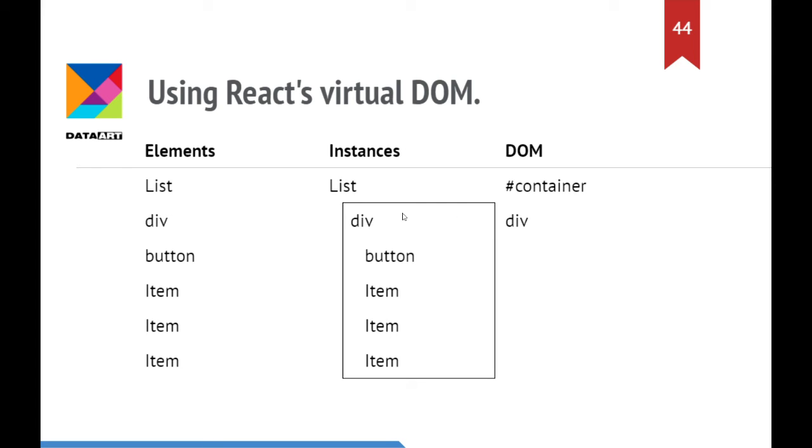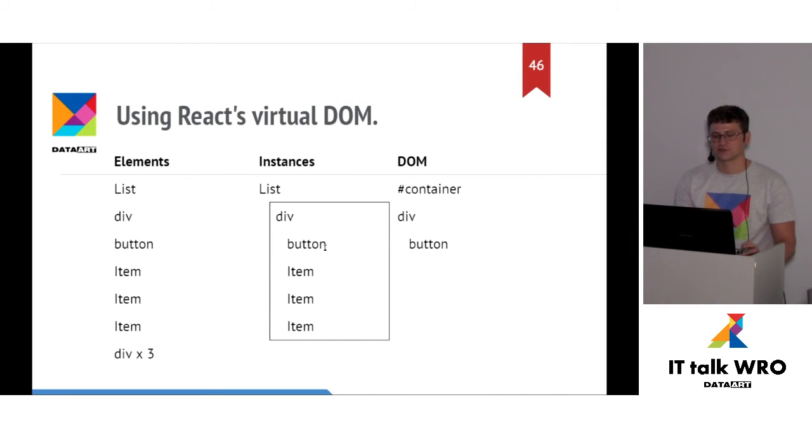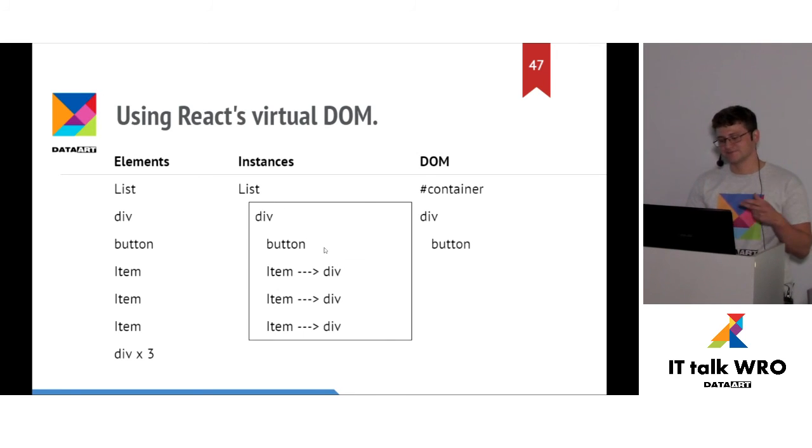Then inside of the div, which is a wrapper for those button and items, it will create instances for the button and items it got. It does know what the button is, but it doesn't know what the item is. That's why it'll ask again, what the hell is item? And let's imagine that item is also just a div with some text content, okay? So it will create three div elements for each item.